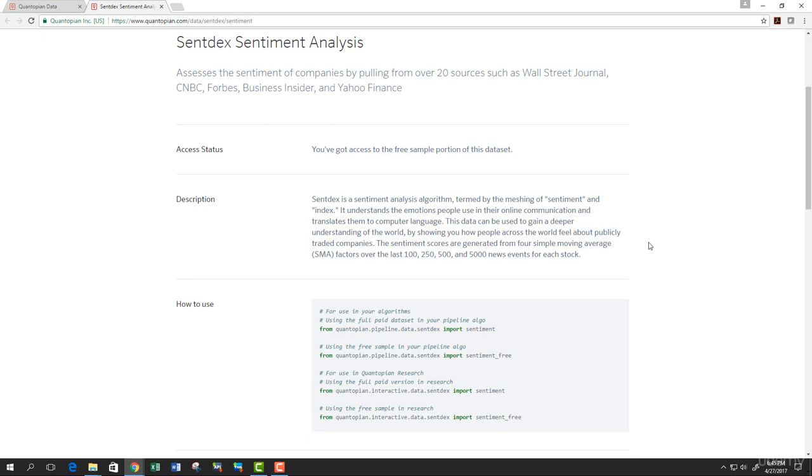Now, this data can be used to gain a deeper understanding of the world by showing how people across the world feel about publicly traded companies. The sentiment scores are generated from 4 simple moving average factors over the last 100, 250, 500, and 5,000 news events for each stock.